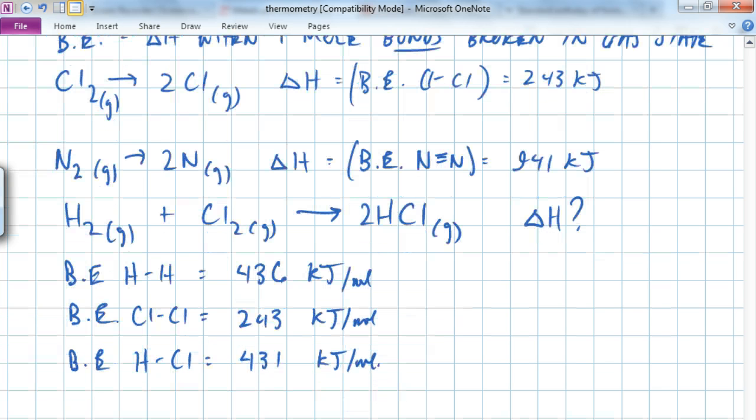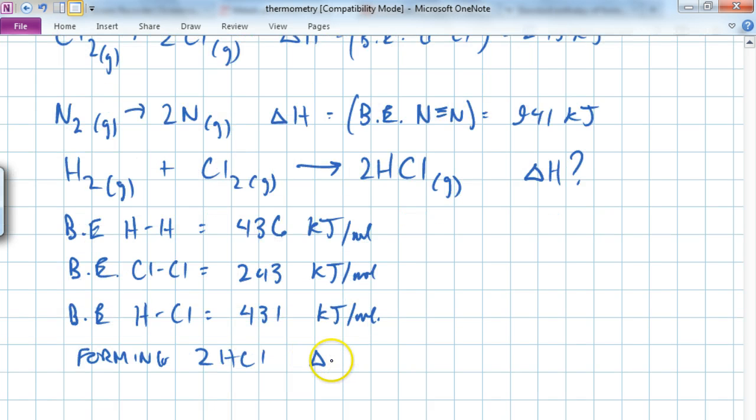So to calculate this, we've got to think about it like this. We're going to be forming 2 moles of HCl. So on this side, we're forming 2 moles of HCl. So delta H for that is going to be twice 431, but it's going to be negative.